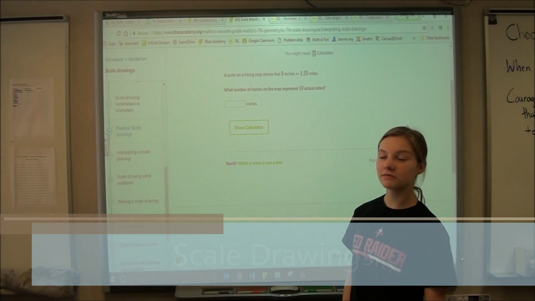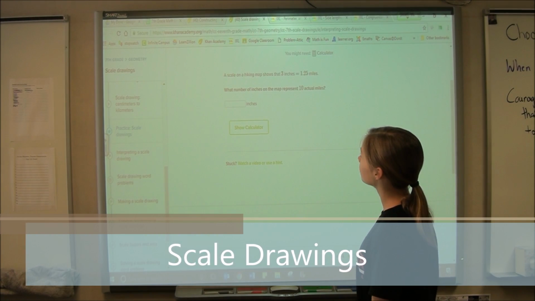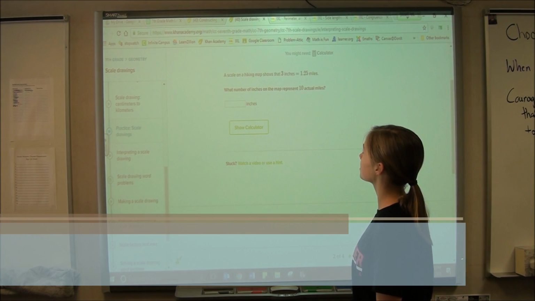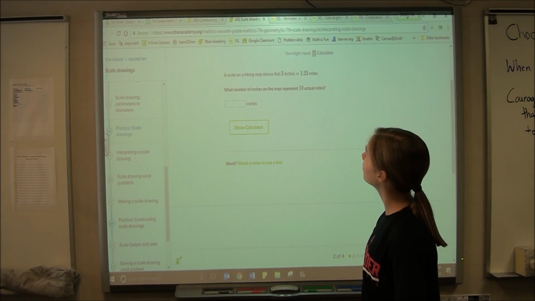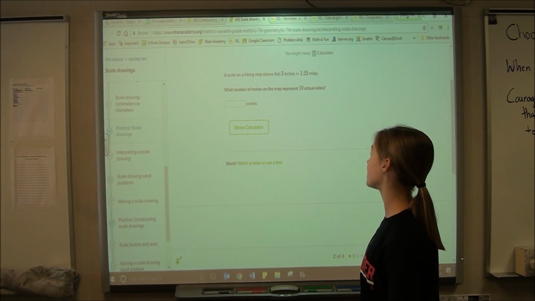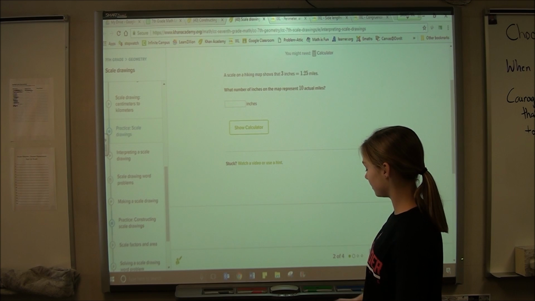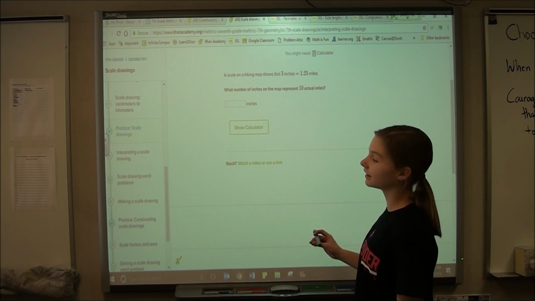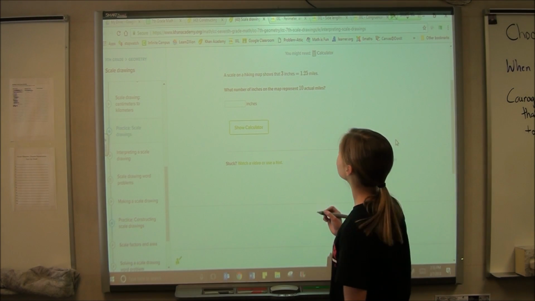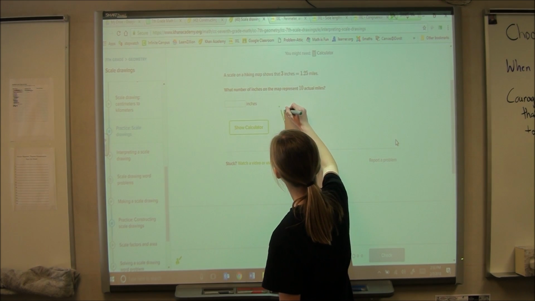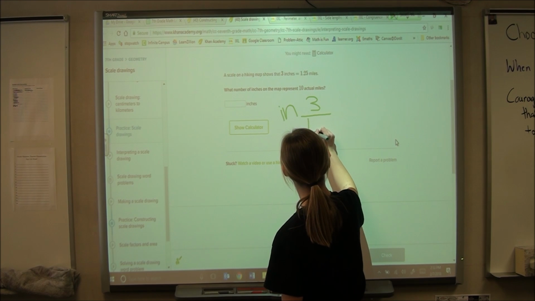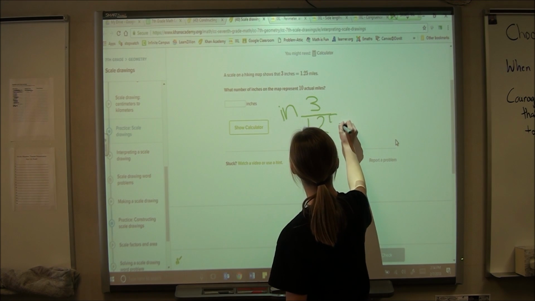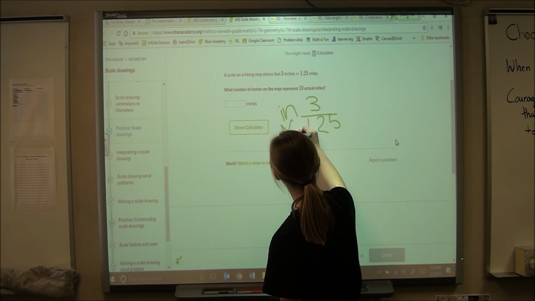Okay, so for this one, we don't have a triangle, but that's okay. So we know a scale on a hiking map shows that 3 inches equals 1.25 miles. So what number of inches on the map represents 10 actual miles? So this one, we could actually make a proportion. So we know that inches, 3, is equal to 1.25 miles.